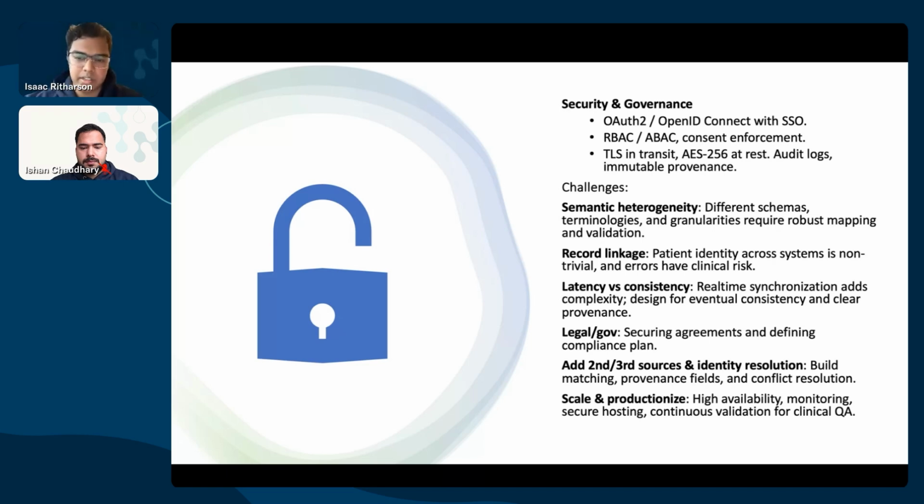And finally, scaling and productionizing, making sure there is high availability, monitoring, and secure hosting, along with continuous validation for clinical QA with clinicians and hospitals to make sure everything is right.